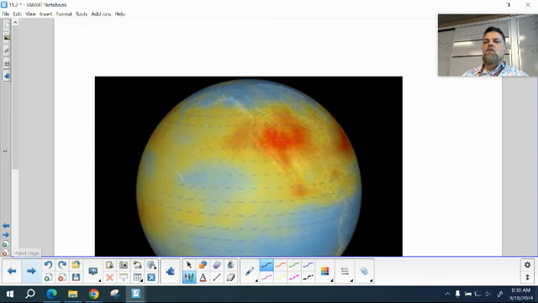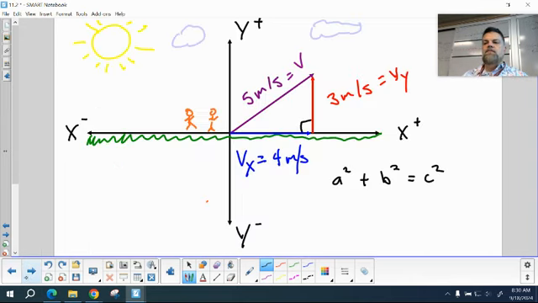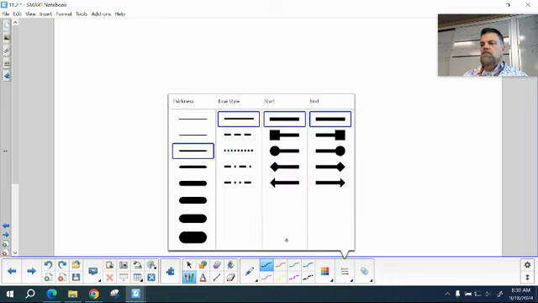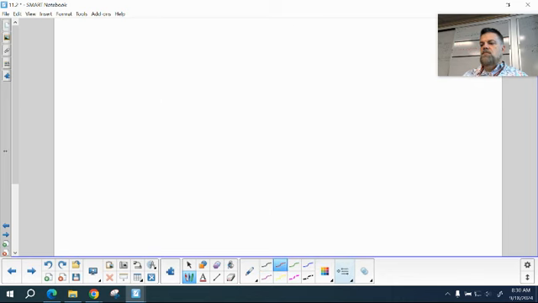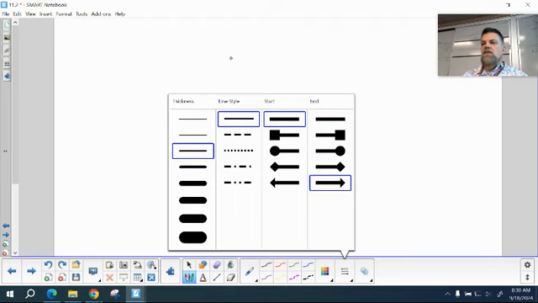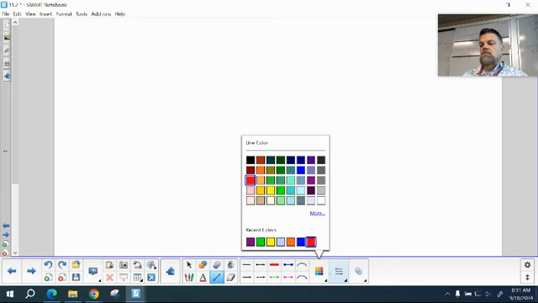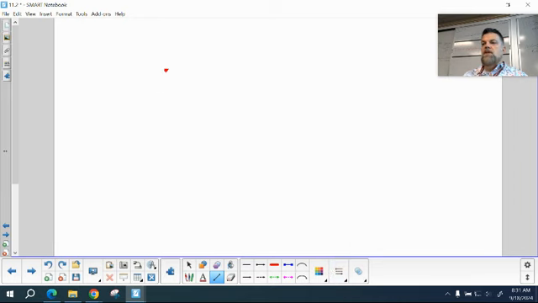Okay, so when we measure motion, when we have a vector like this, think of it like this.